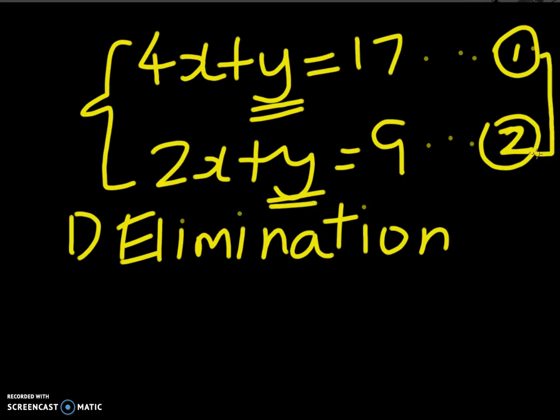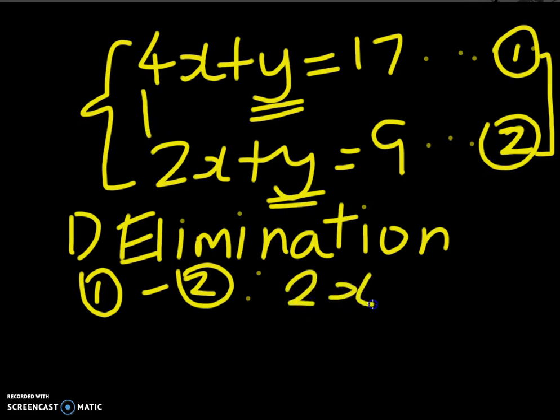So 1 minus 2: 4x minus 2x is 2x, y minus y is 0, which means we've just eliminated y since there's nothing in front. By subtracting equation number 1 and equation number 2, we have eliminated y. And on the other side of the equal sign, 17 minus 9 equals 8. Simple math, x equals 4.